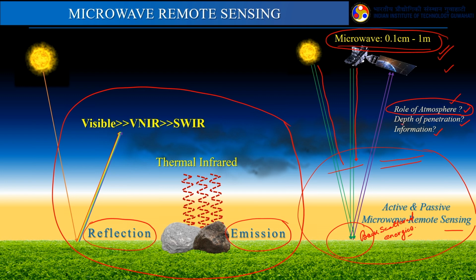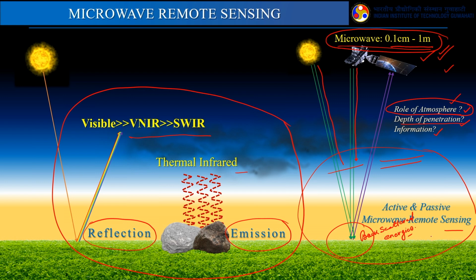And remember I talked about the depth of penetration in visible, NIR and the thermal infrared also, and I mentioned that depth of penetration is equal to the wavelength, right. So, here we are talking about the microwave which is 0.1 centimeter to 1 meter.